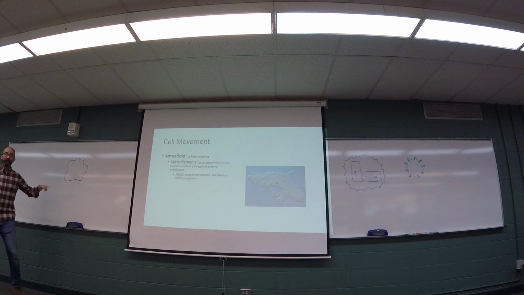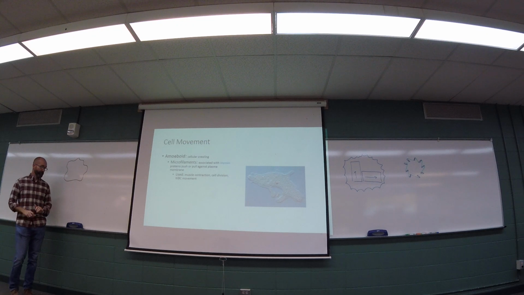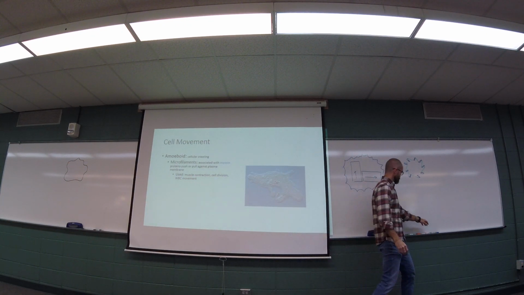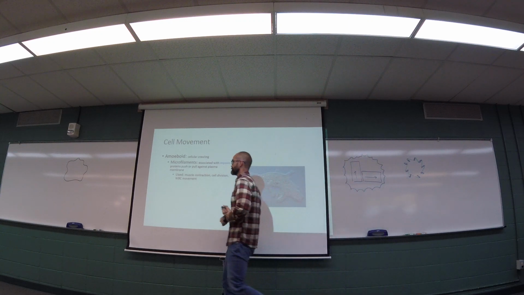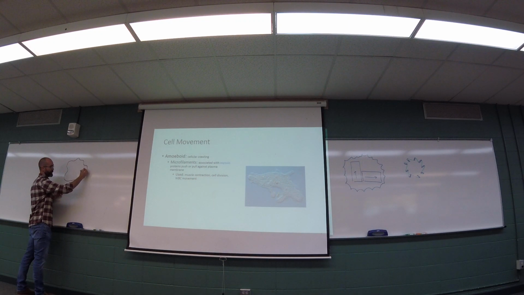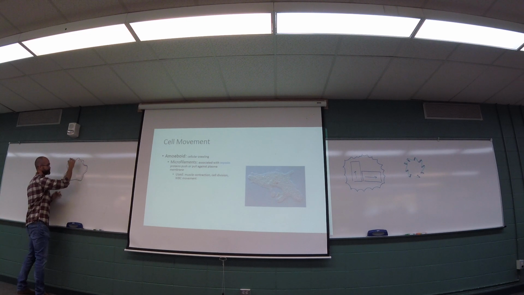Inside the entirety of the plasma membrane, there is a network of actin filaments. I'm just going to draw that as a series of blue lines inside here. Like that.